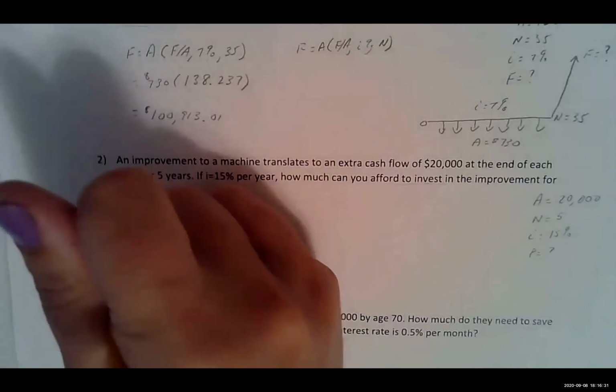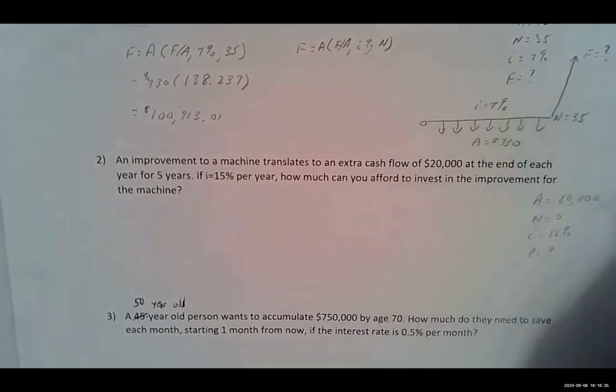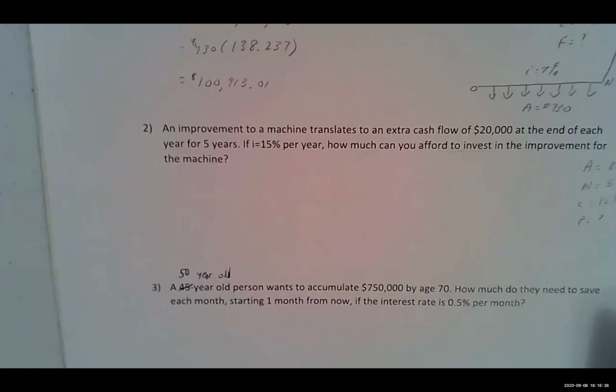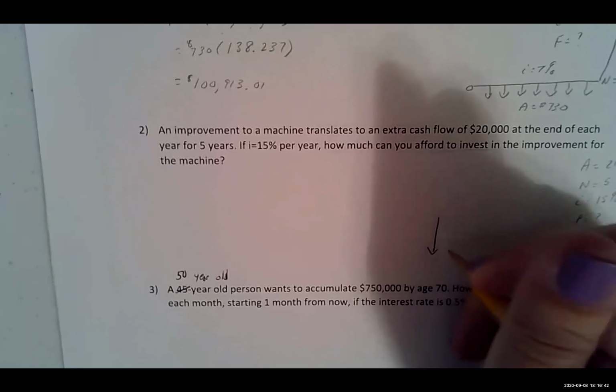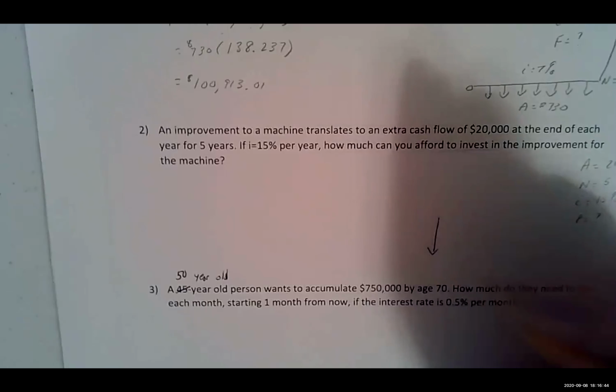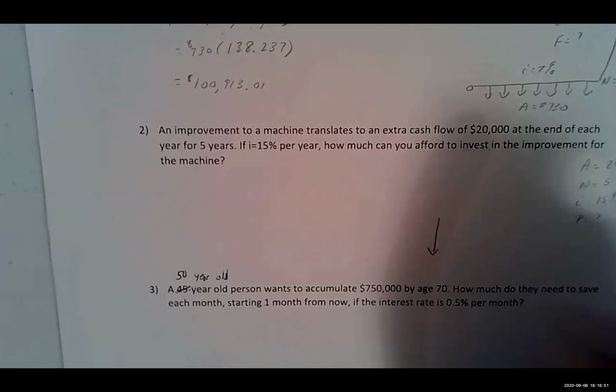So my formula comes after I do my cash flow diagram. In the present, I'm going to invest, so I'm putting a down arrow because I'm making an investment of an unknown amount. That's what I'm going to find.